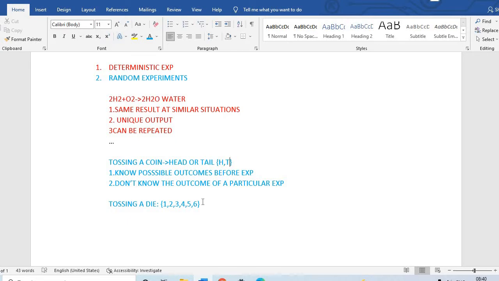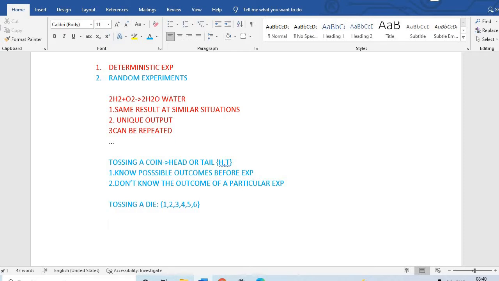Any number in this set will be the outcome of a particular experiment. You know that, but you don't know what is the outcome that will be the result of a particular experiment. Okay. So this is an example of random experiment.